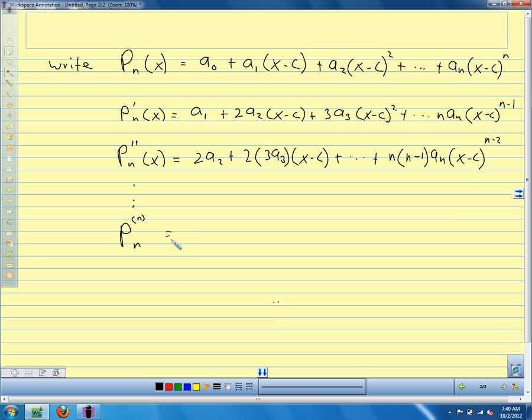So all of these terms are going to go away because we've taken derivatives. We end up taking derivatives of constants. And all we're going to be left with after we take n derivatives is n times n minus 1 times n minus 2 times dot dot dot times 2 times 1 times a sub n.